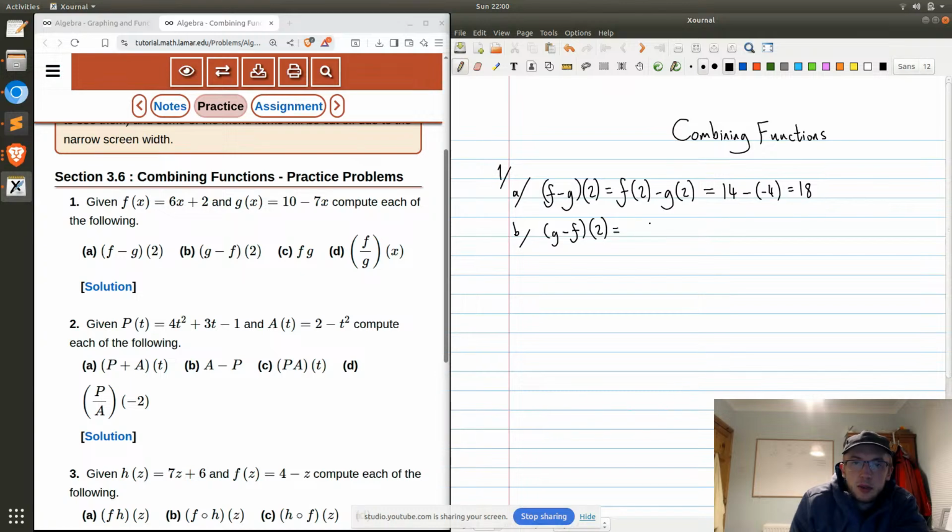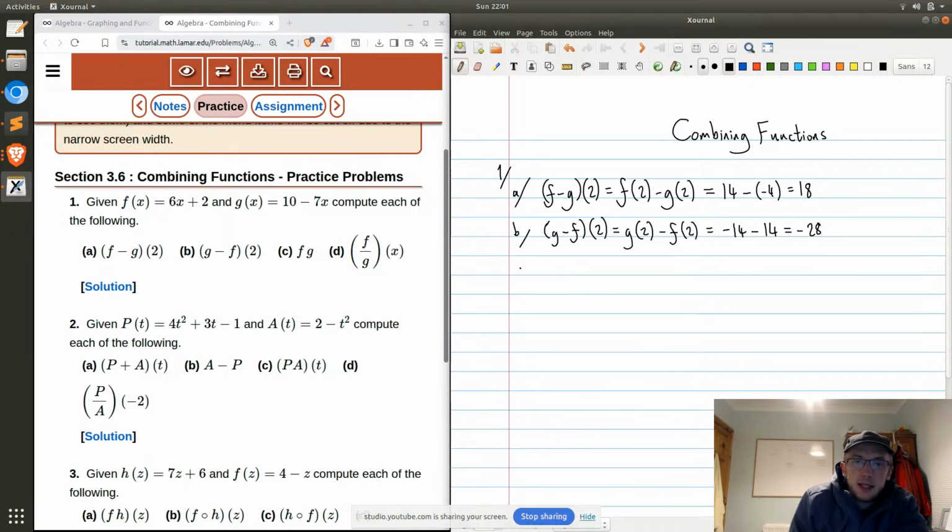So that would be g of 2 minus f of 2. g of 2, as computed above, is negative 14. f of 2, as computed above, is 14. So negative 14 minus 14, which is negative 28.